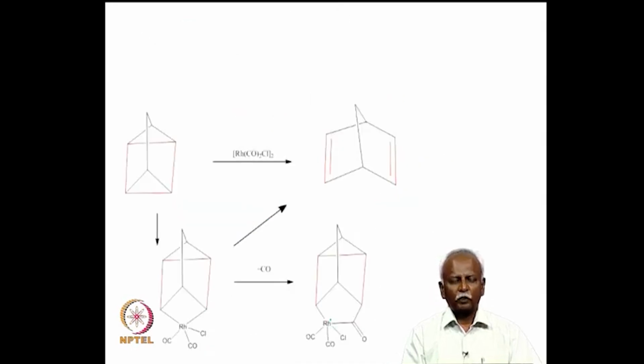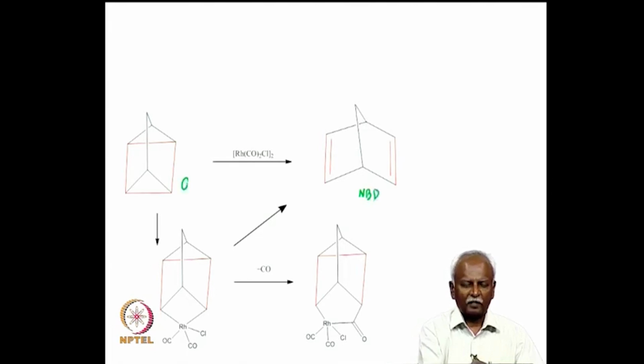So, during the course of studies with quadricycline, it was noticed that quadricycline is a molecule which will ring open to give norbornadiene. So, this is norbornadiene and this is quadricycline.